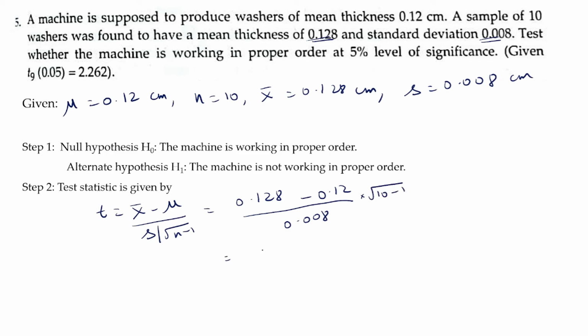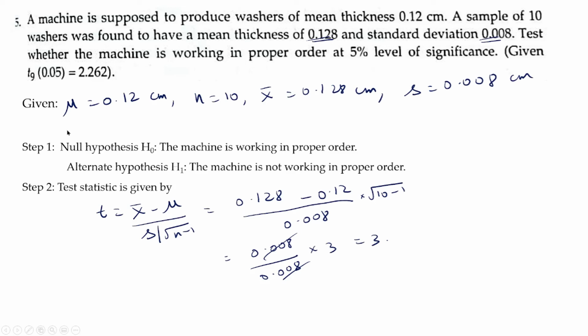So this is equal to 0.008 upon 0.008 into root 9, which is 3. So the calculated value of the test statistic T is 3.